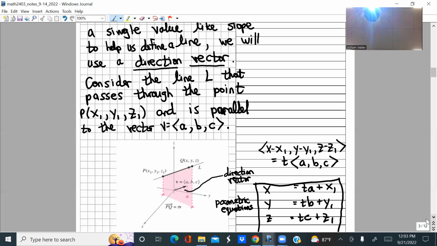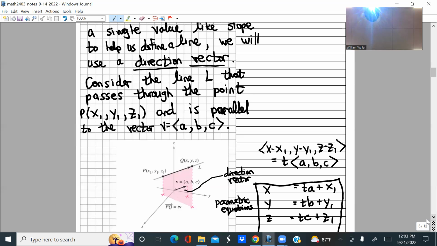So this vector v, I'm telling you, is parallel to this line. So what are the components of the vector v? Well, let's just say those 3 components are A. Now, armed with that information, I can now write down equations for this line.